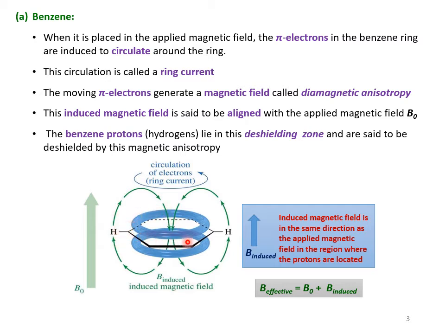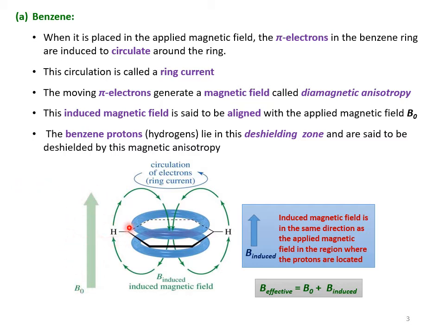Here you can see the pi electrons in the benzene ring start to circulate in the presence of the applied magnetic field. This circulation of pi electrons produces a magnetic field which is called B induced, the induced magnetic field. This induced magnetic field is anisotropic, meaning in one direction it is aligned with the magnetic field, and in the other direction it is opposite to the external magnetic field.